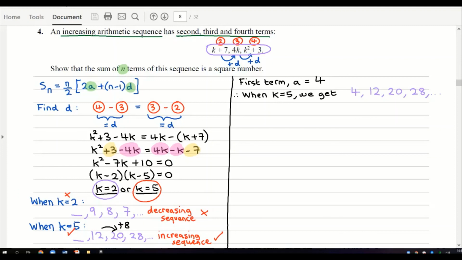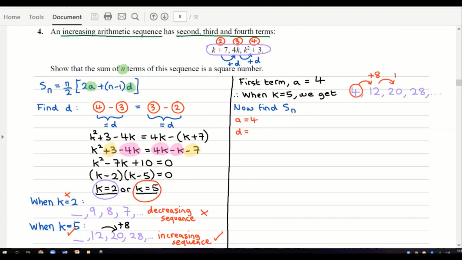Okay, and now we have to find the sum of n terms, Sn. So just jot down the key ingredients here. We know that a is 4 and the common difference is 8. Just indicate it on here again.